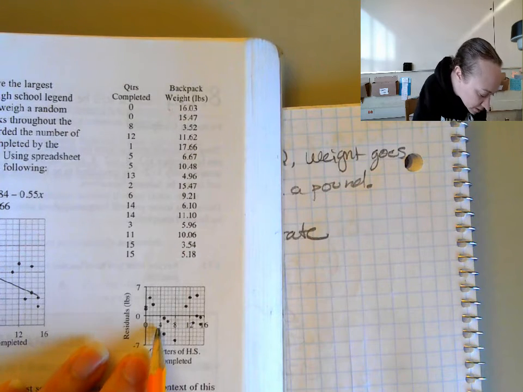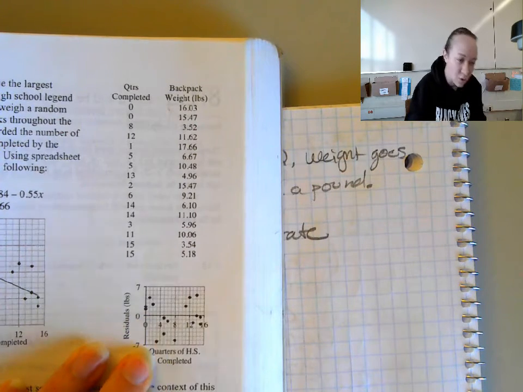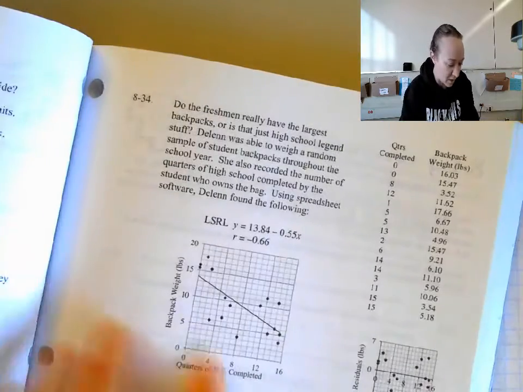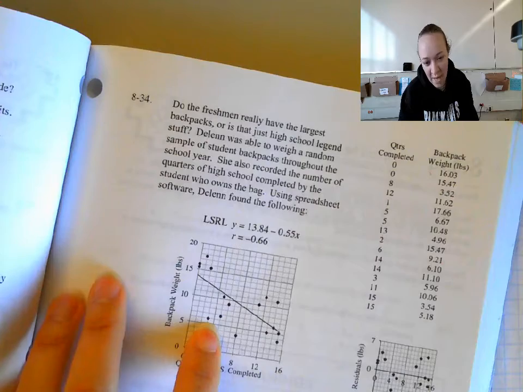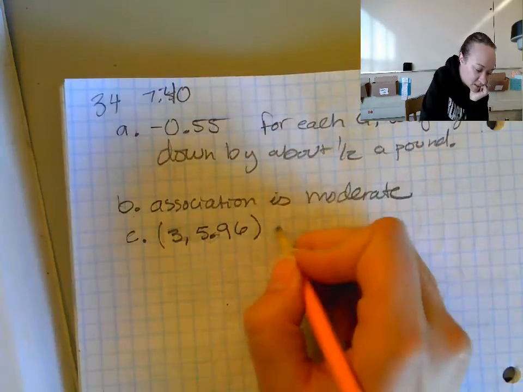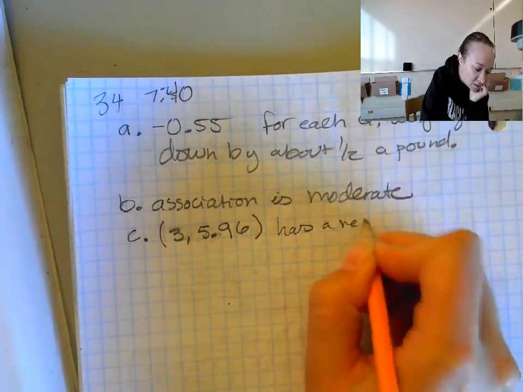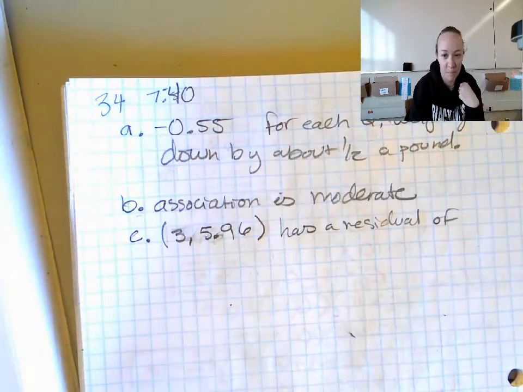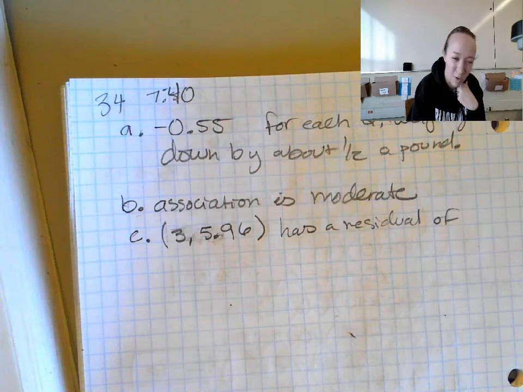And so that is after 3 quarters. So that's the point 3.56. And looking on the graph, we can see that one is way below expected. So I'd say 3.96 has a residual of, and then we would calculate it because the little graph is too small for us to actually see what it is.